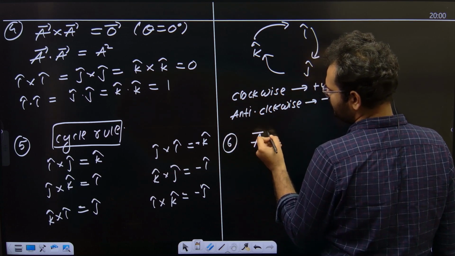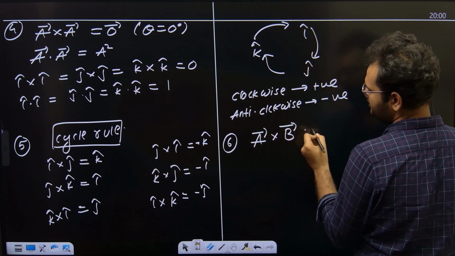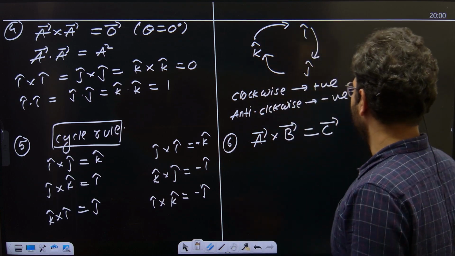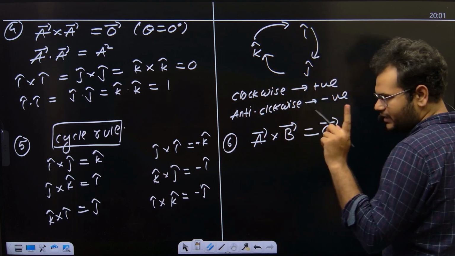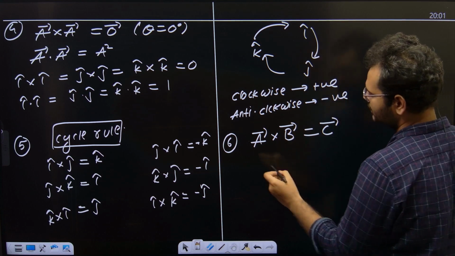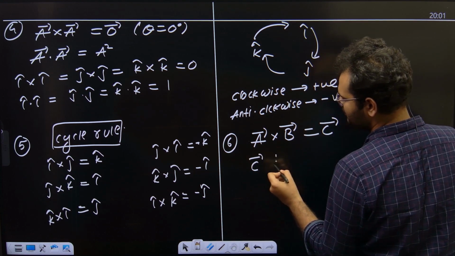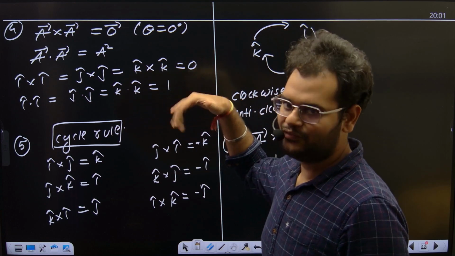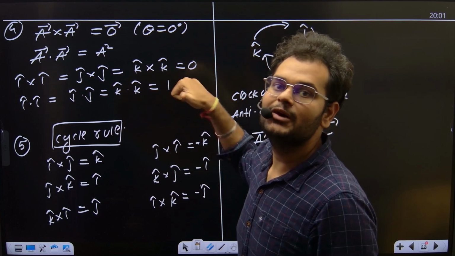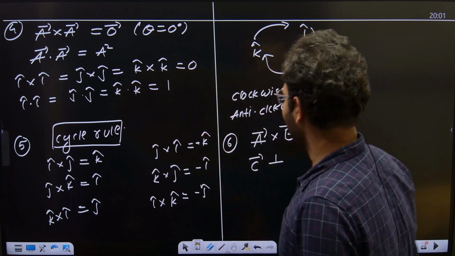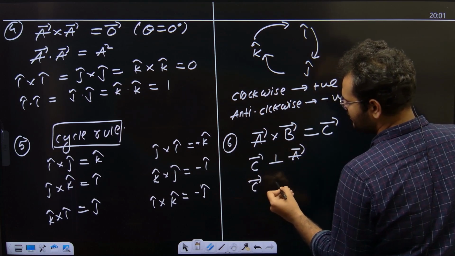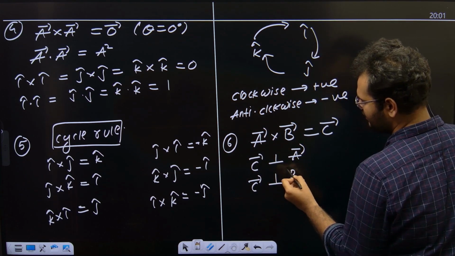Very, very important property. A cross B is equal to C vector. Agreed? Yes, sir. One thing we learned from the right hand rule is that this C vector, or cross product, is perpendicular. My thumb was perpendicular, because I am curling my fingers in one plane and my thumb is perpendicular to that plane. That means my cross product is perpendicular to A vector, and also perpendicular to B vector.